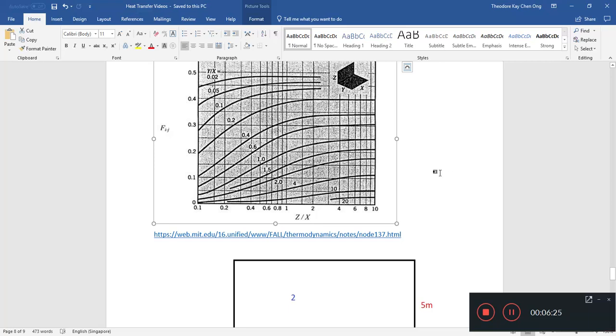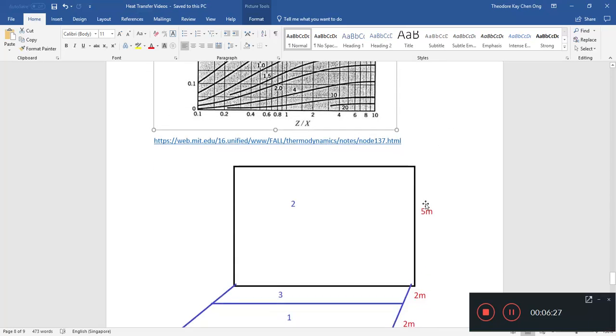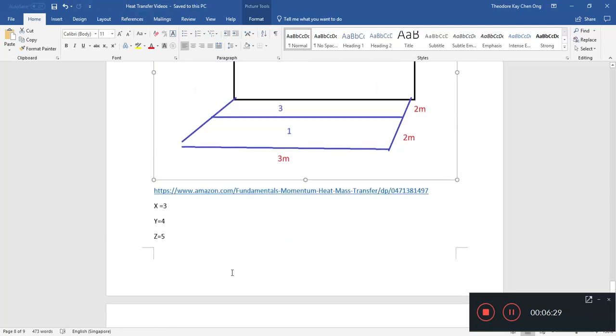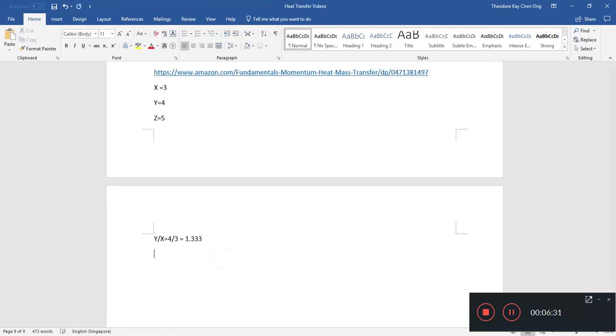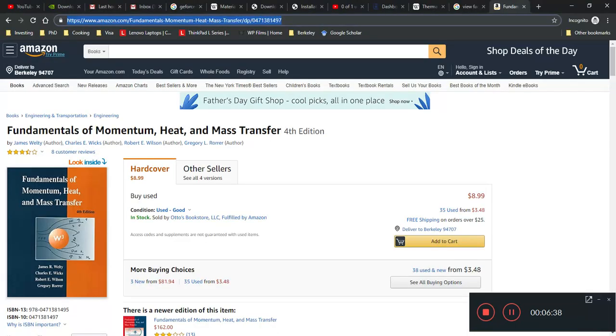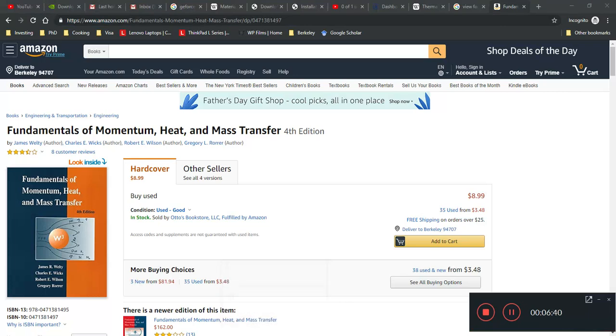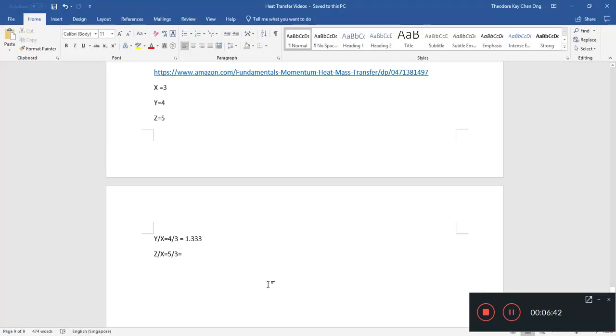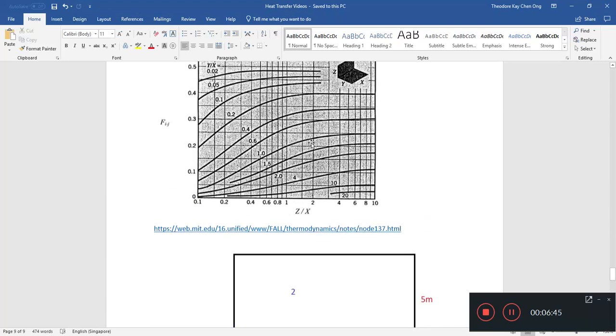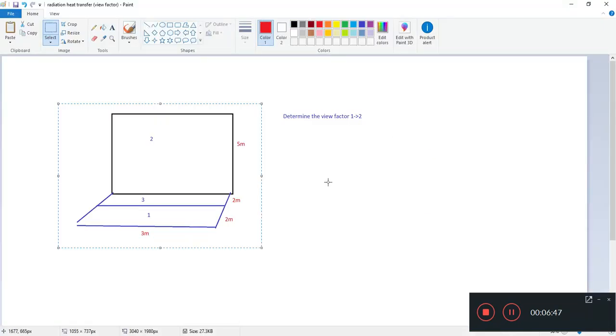And what is the z over x ratio? z is 5, x is 3. So z over x equals 5 over 3, equals, let's pull Excel out. Then we are going to start reading the graph, of course.